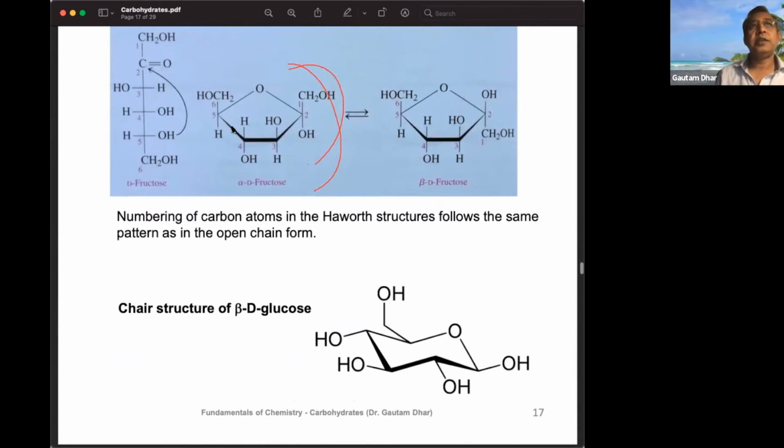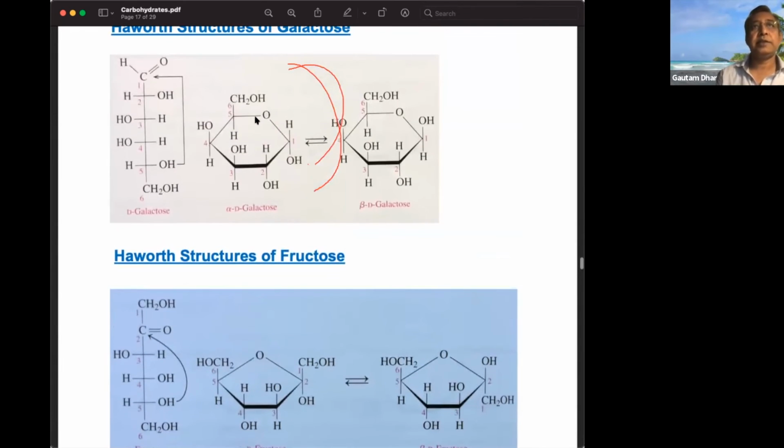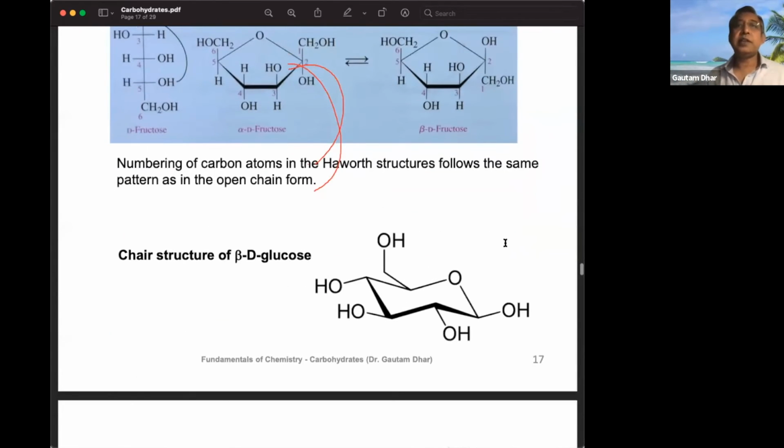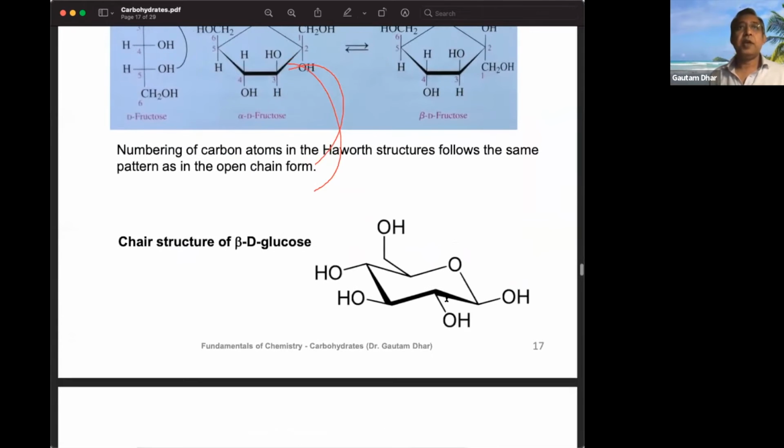Now, this is a flat structure. All these structures are flat, but this is not how carbon actually is, carbon is tetrahedral, right? So if you draw it in the real sense, this is how a glucose molecule looks like if you try to do it in 3D, and so these are equatorial and axial groups.